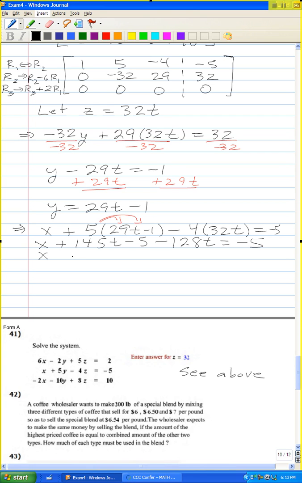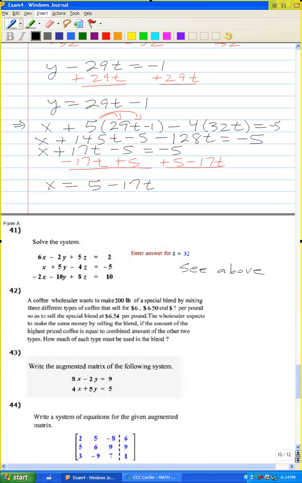Combine like terms, so x plus 17t minus 5 equals negative 5. And so let me subtract 17t, add 5. So I get x equals 5 minus 17t.